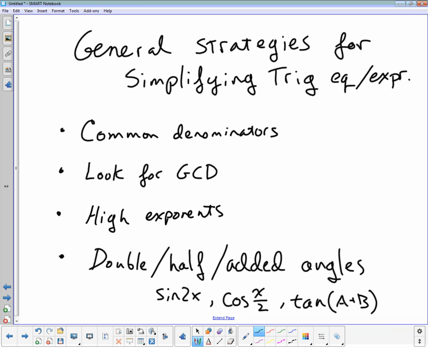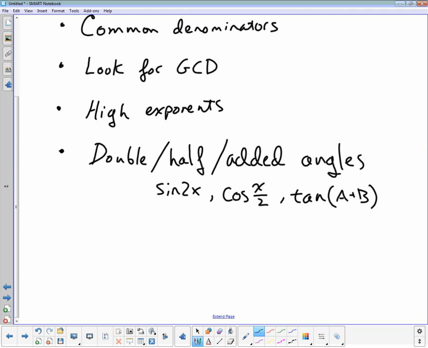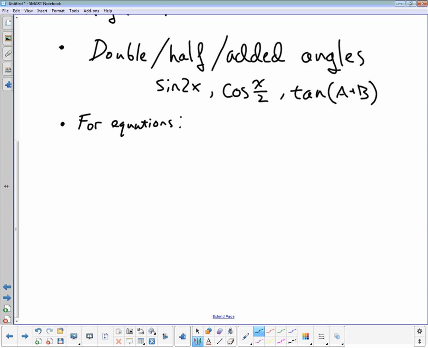We'll come back to this list because there's one that I think is very important, and this is specifically for equations. It's kind of a weird little process that I call using a trail of breadcrumbs.